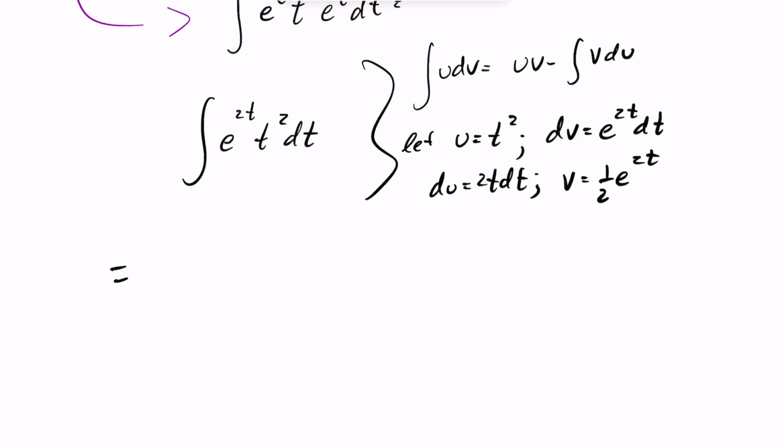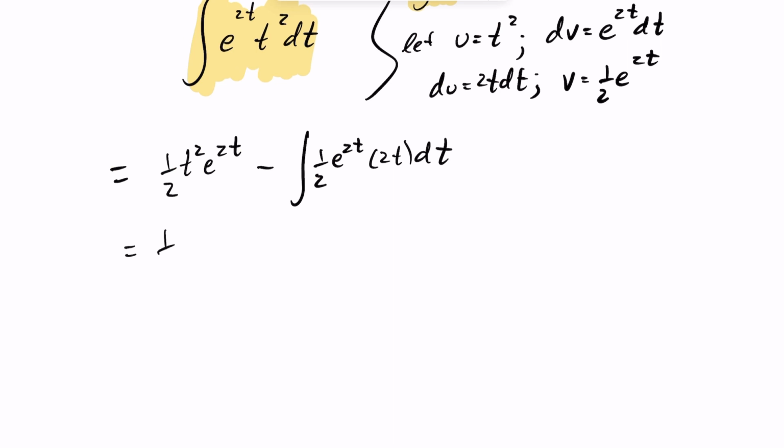So therefore, applying integration by parts, I know the integral of u dv, which is this right here, is exactly equal to u times v minus the integral of v times du.